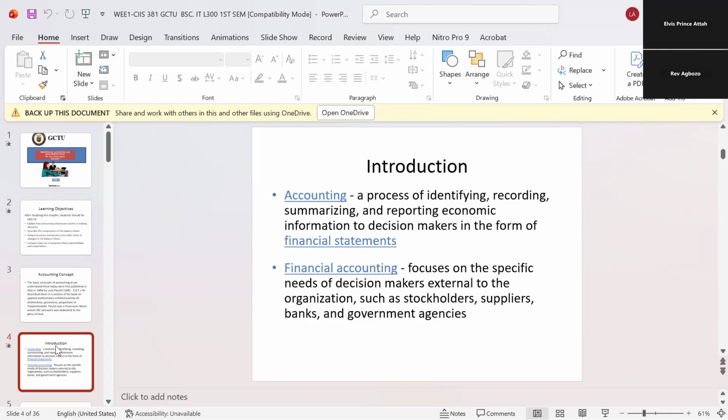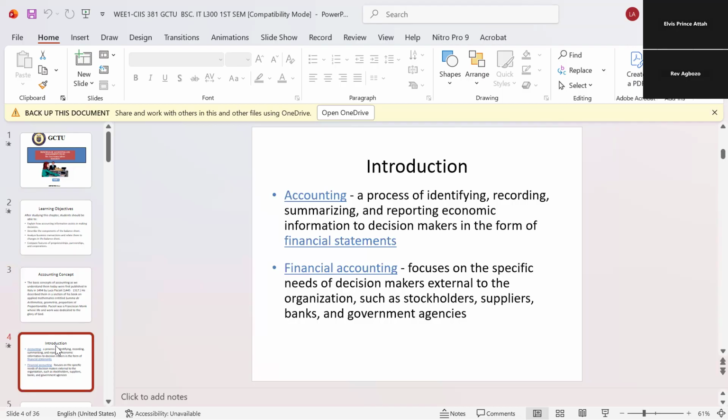They were doing it by writing on papers and scrolls, big ledgers, and then computers were introduced, where those big mainframe computers were used, typewriters were used, until now that we have software for accounting records. So that is how accounting started.